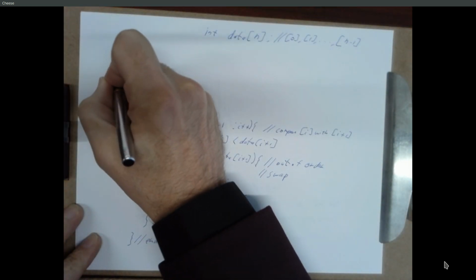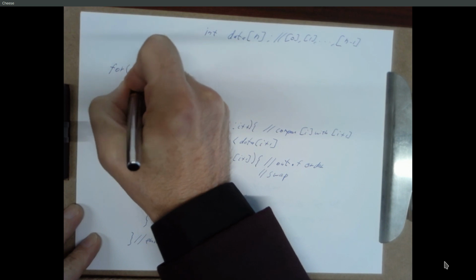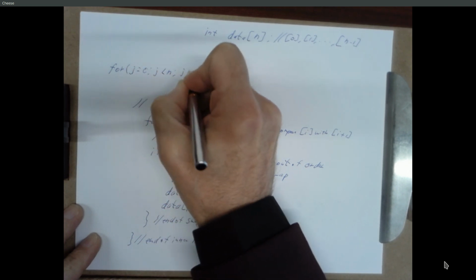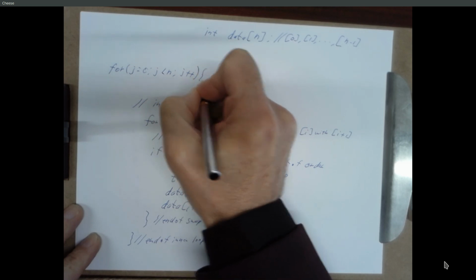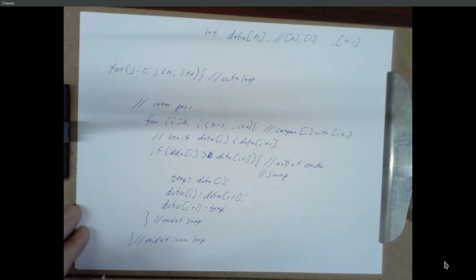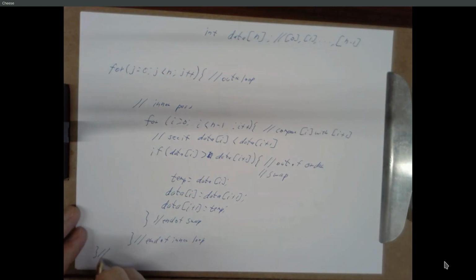So we need an outer loop. So there's bubble sort.